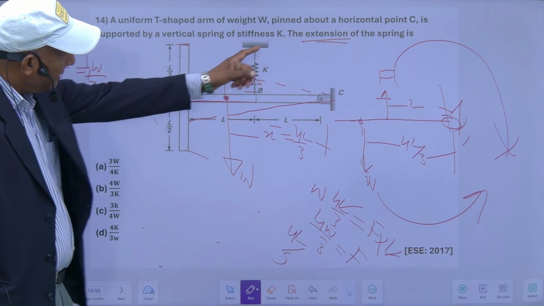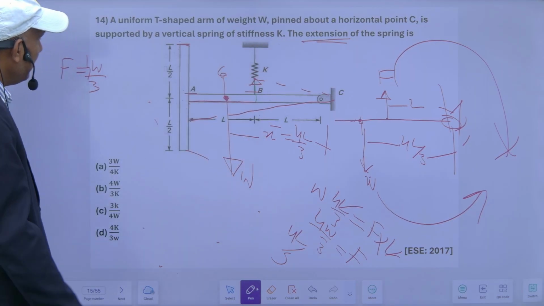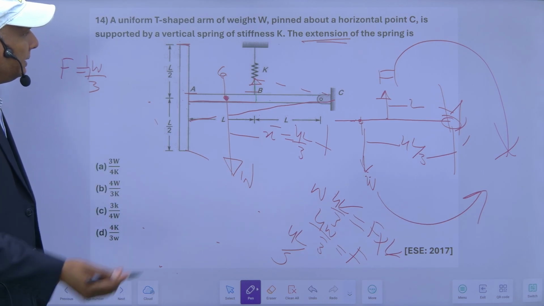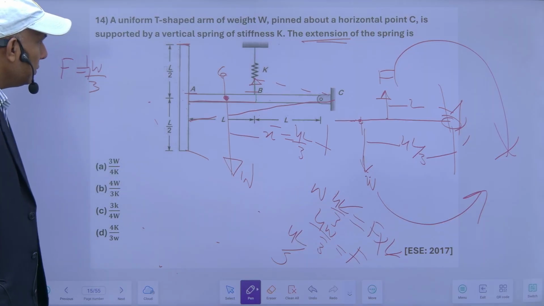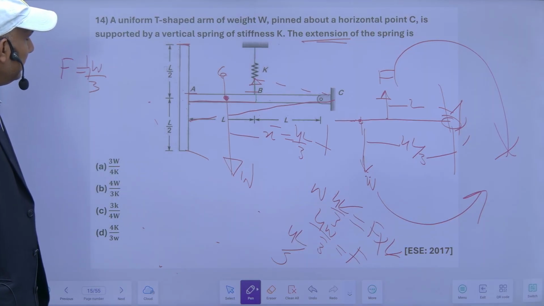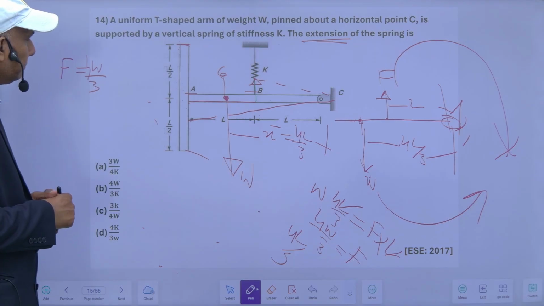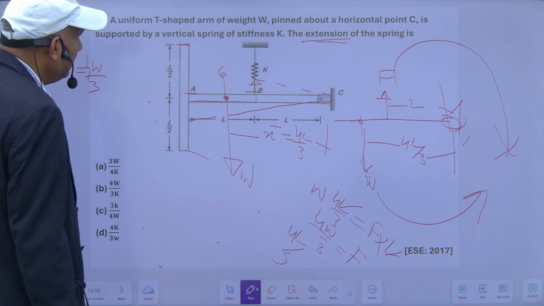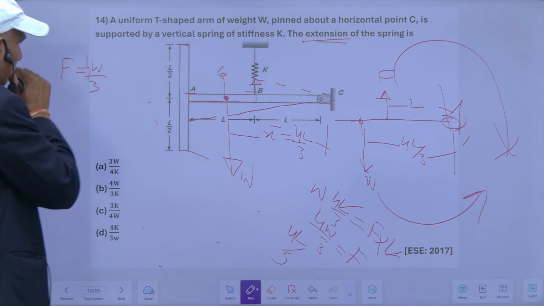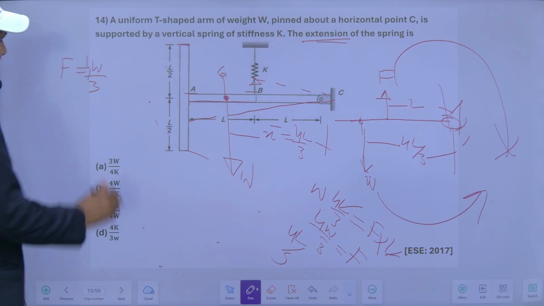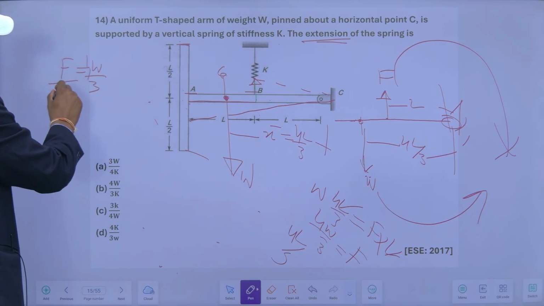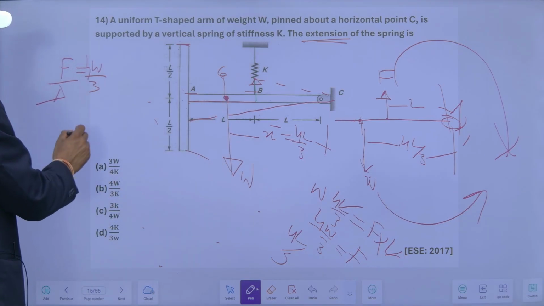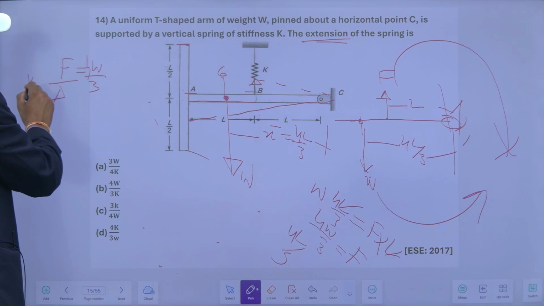And here stiffness is K. What is stiffness? Stiffness is load per unit deflection. For 1 unit deflection, when I divide this force by the deflection, suppose the deflection is delta, this will be stiffness.